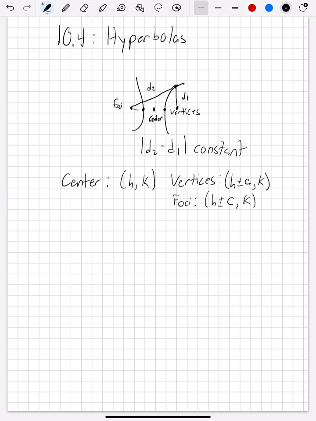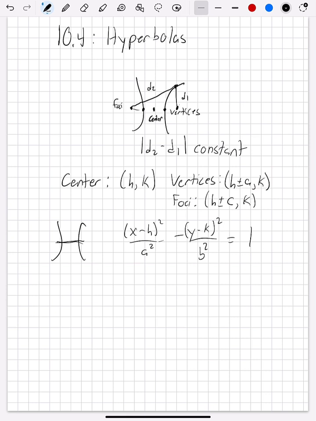So if our hyperbola looks like this, with a transverse axis, which is just the line that cuts across the middle, that is horizontal, then our equation for the standard form is (x minus h) squared over a squared minus (y minus k) squared over b squared equals 1.